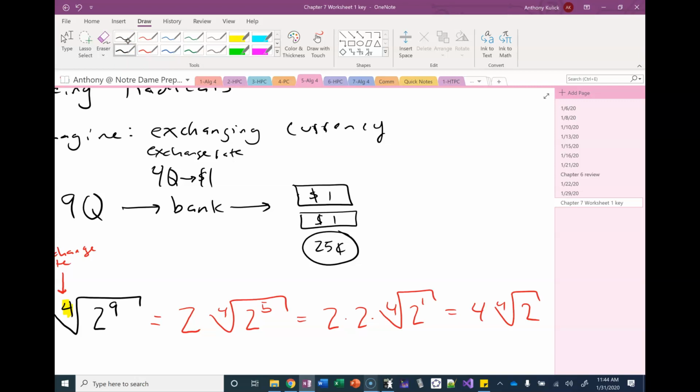Does that feel okay there? Do we see how this was still the exact same problem as the currency exchange problem we just did a moment ago?